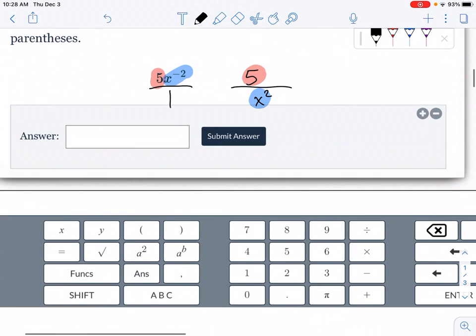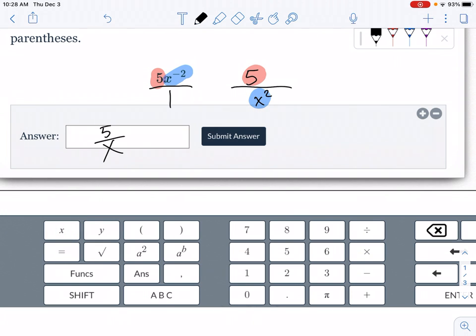Here's how you're going to type that into the keyboard. You're going to hit 5 divided by, so your top value divided by, and that's going to create your fraction, 5 over. And then you're going to hit x, because that's our variable down here, so 5 over x.